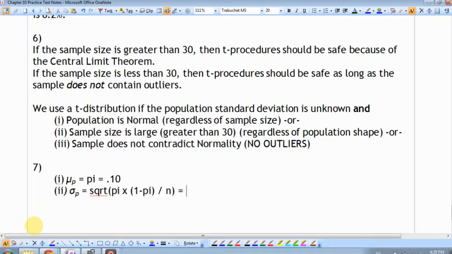And then the sample size is 50 from the SRS. That's going to be the square root of 0.1 times 0.9 divided by the sample size, which is 50.